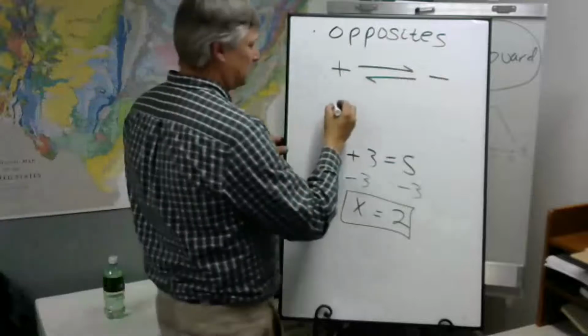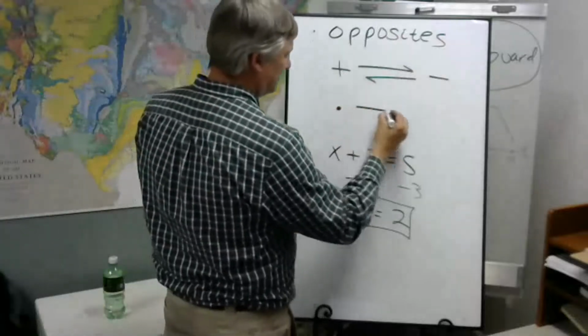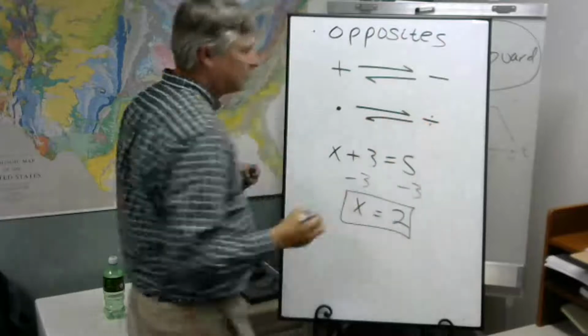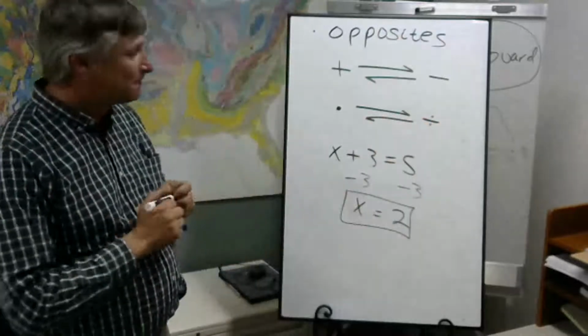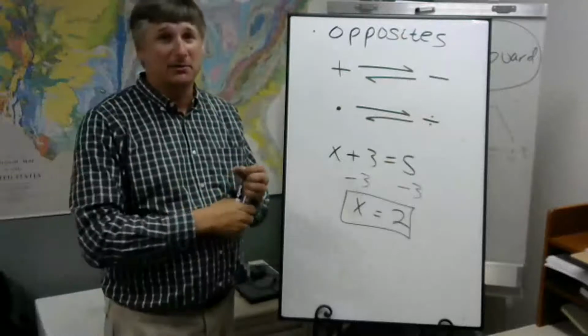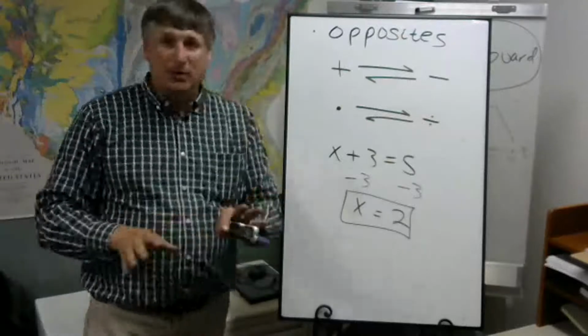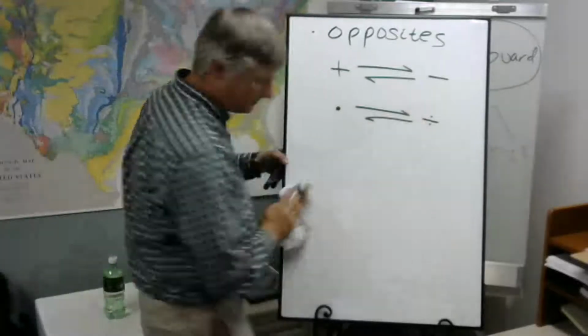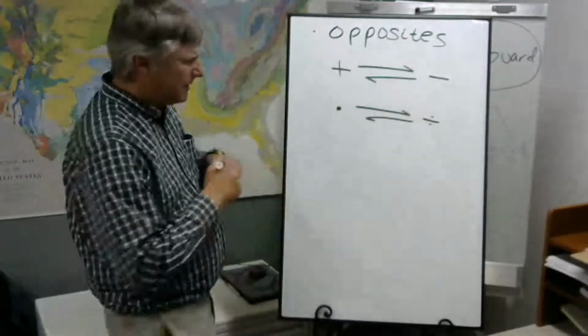Also, multiplication and division, those are also opposites. They cancel each other out. So let me show you how this works. You've already seen a little bit. But once again, let's say we have this.